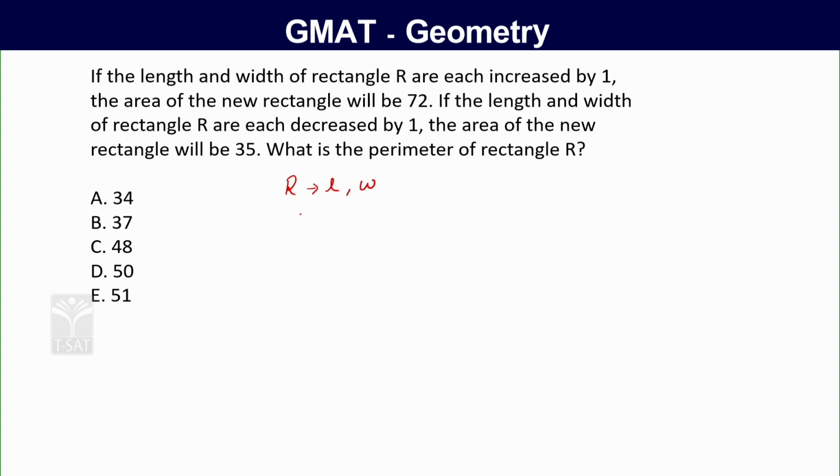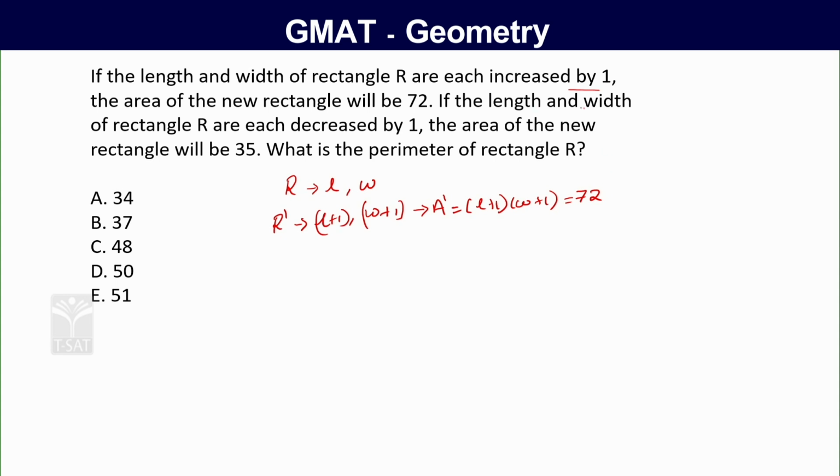Okay, so now what are we given? That there is a rectangle that will be formed by increasing the length and width by 1. So let's say a new rectangle R dash, its length is L plus 1 and its width will be W plus 1. This rectangle will have an area of 72. That means that area A dash will be equal to L plus 1 into W plus 1, which is given to be 72.